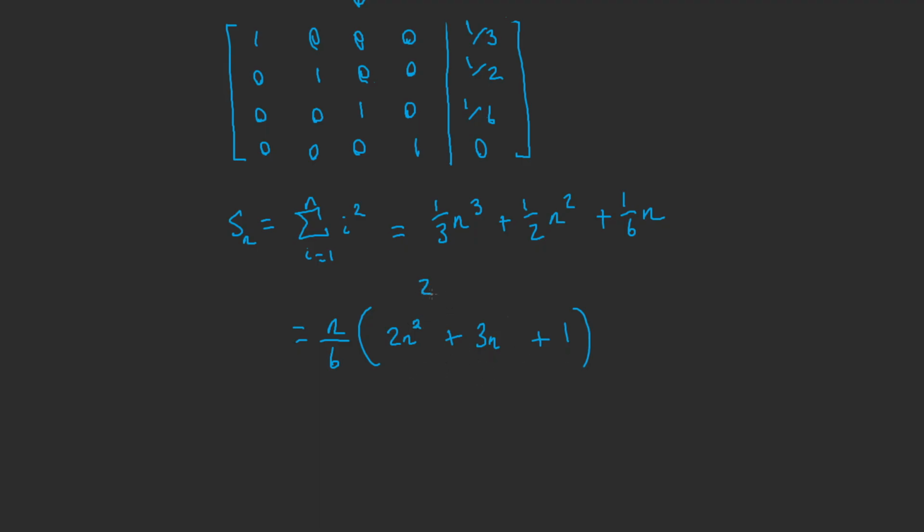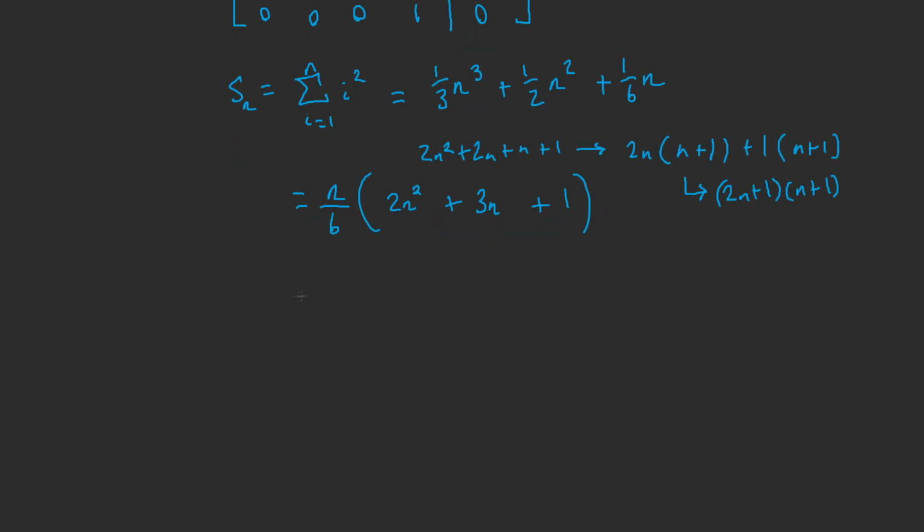I get 2n squared plus 2n plus n plus 1. And this is the same as 2n times n plus 1, plus 1 times n plus 1. And so I can rewrite this as 2n plus 1 times n plus 1. And so if I factor everything, I can rewrite this whole equation as 2n plus 1 times n plus 1 times n over 6. And so this is the formula you usually see.